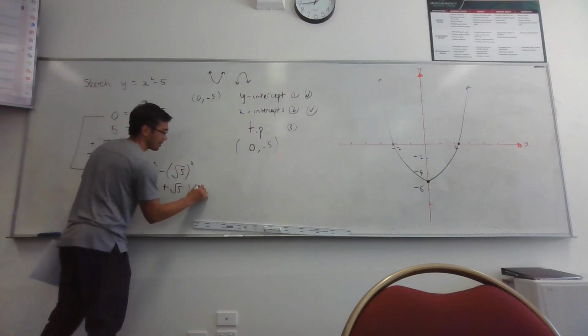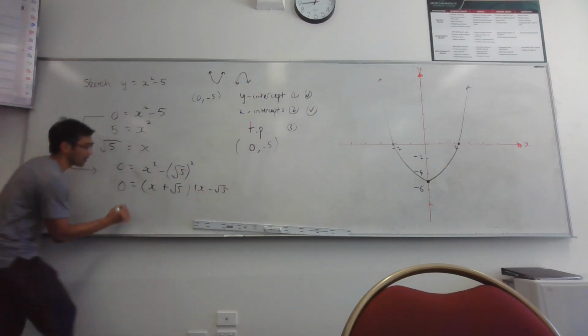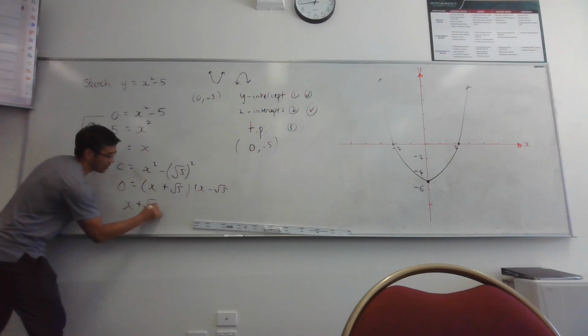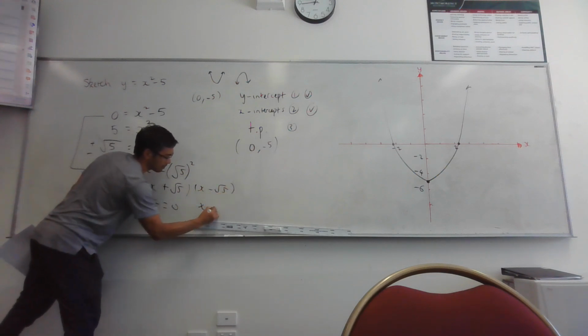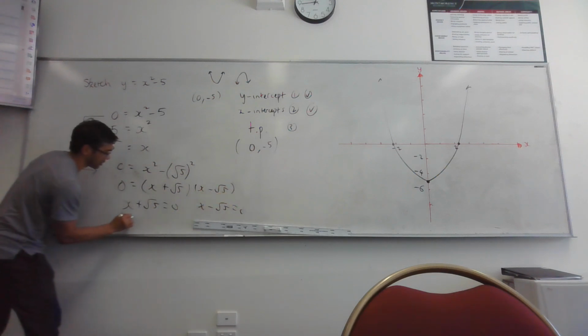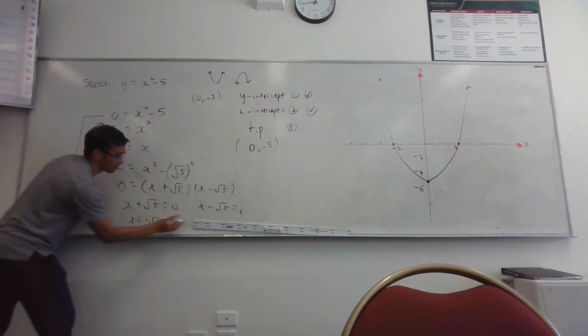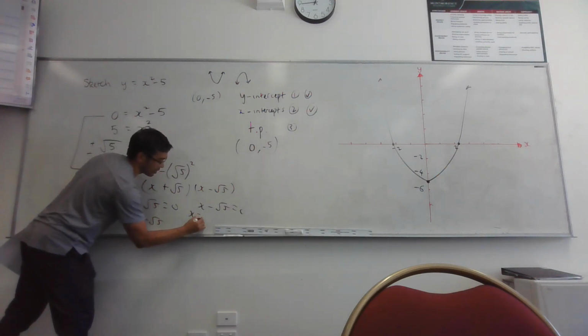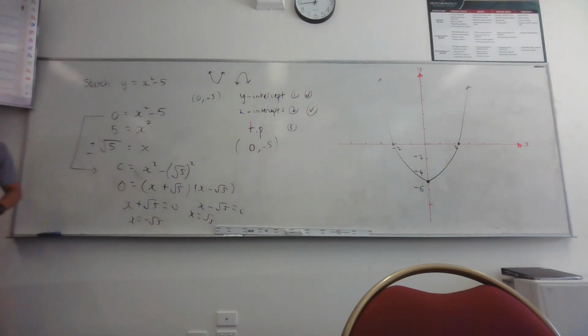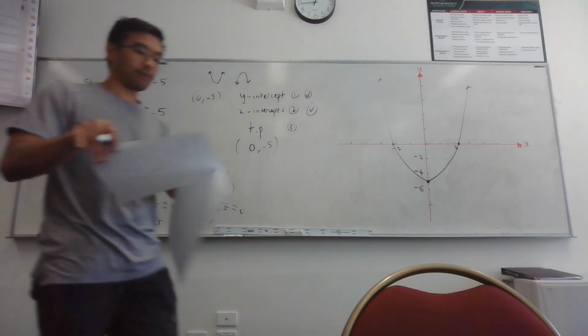Good. And then you can make them both equal to 0, and you'll still get the same answer. You can do it that way if you want, maybe your brain leans that way. Okay, first one done.